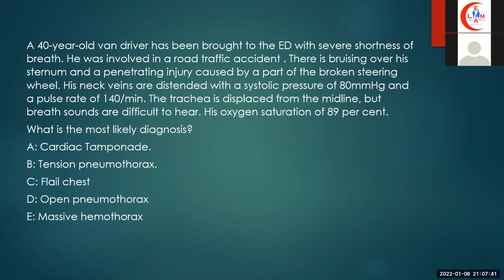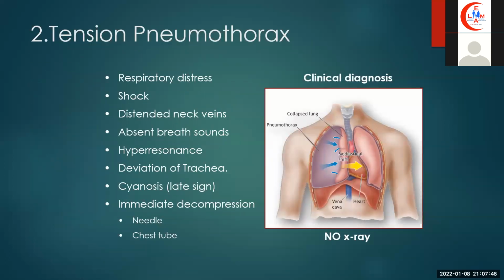So we'll talk about tension pneumothorax. What will happen in tension pneumothorax? The patient presents with severe dyspnea and pleuritic chest pain. The air gets trapped in the pleural space between the parietal pleura and visceral pleura because of disruption of the pleura or tracheobronchial tree.